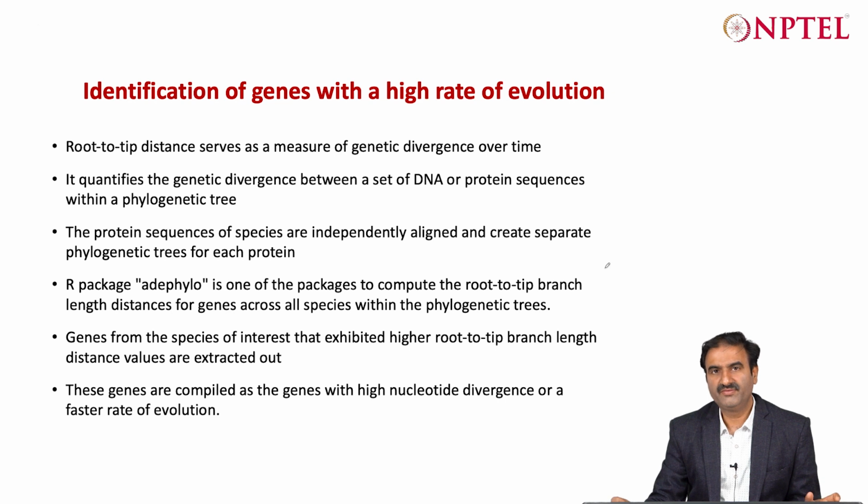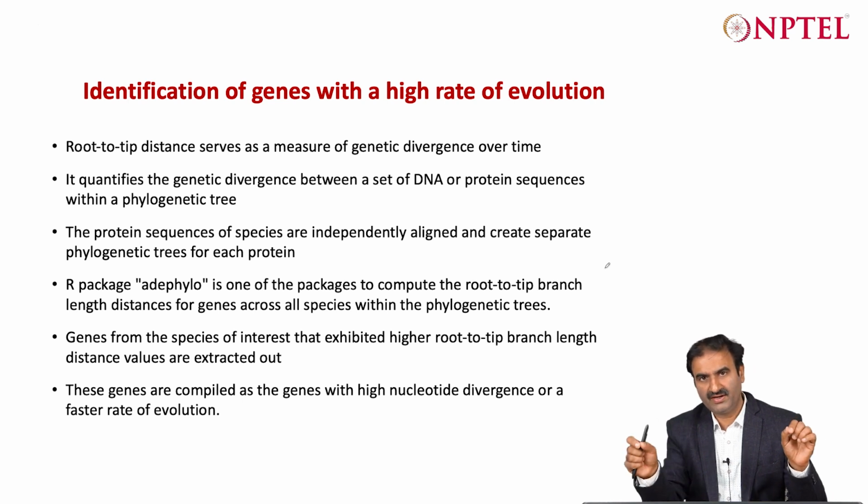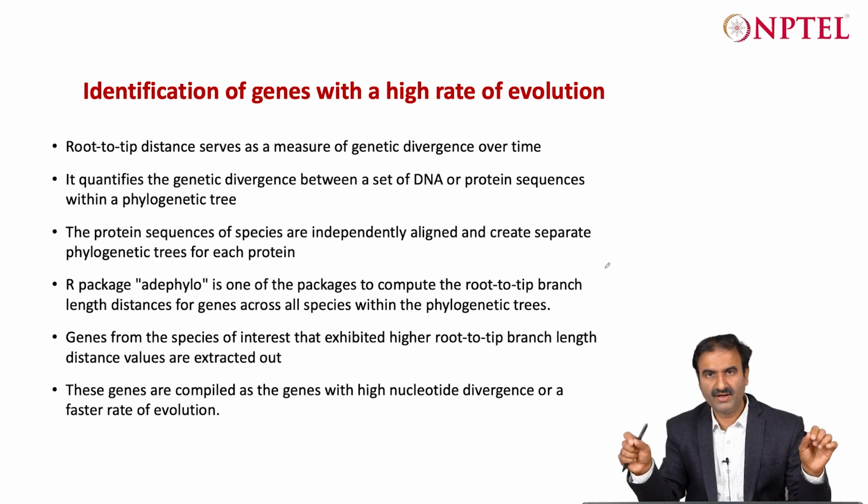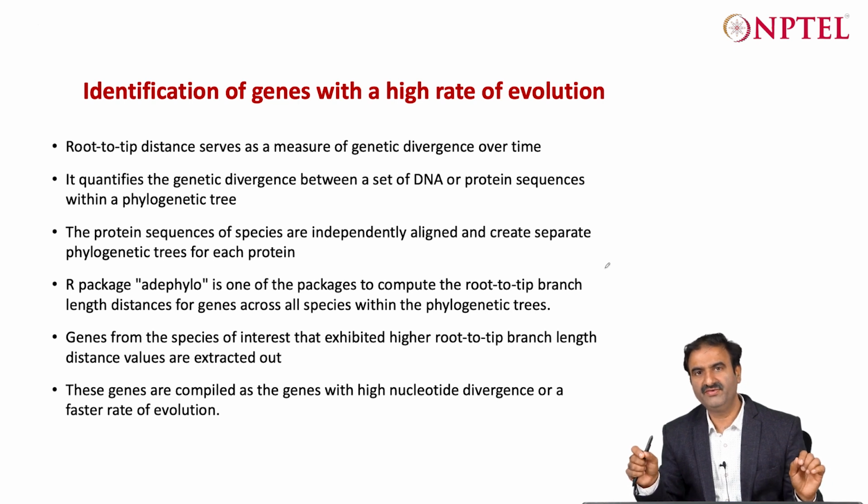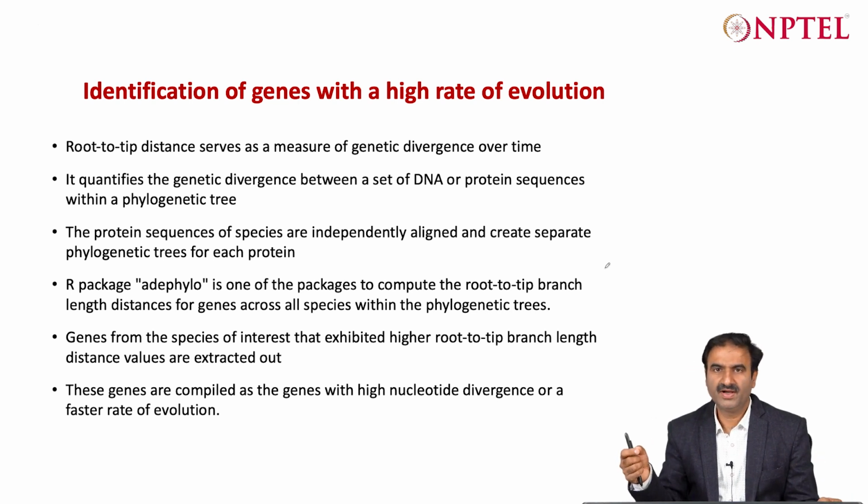For this, basically the root-to-tip distance. Once you build the tree, you can see that for the two species that you are considering, they come together in a clade, but one shows a slightly longer branch length compared to the other. So from the root to that species there is a longer root-to-tip distance. Tip is the actual organism or the leaf in that tree.